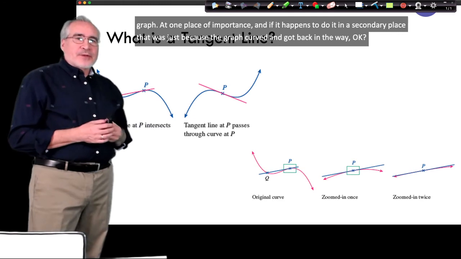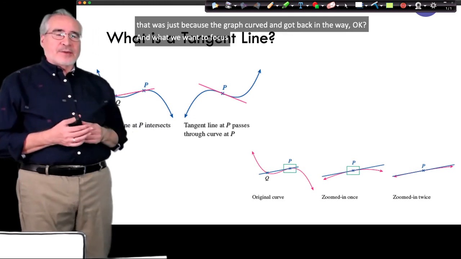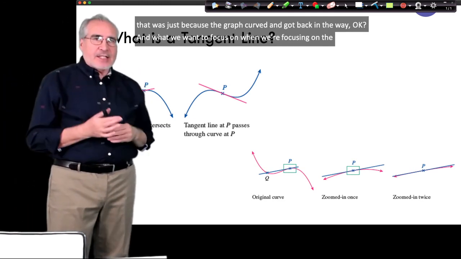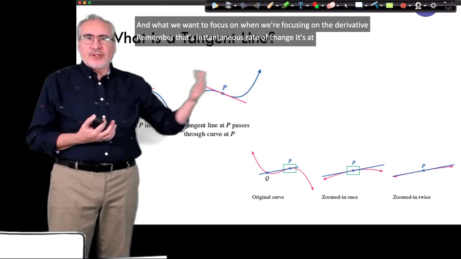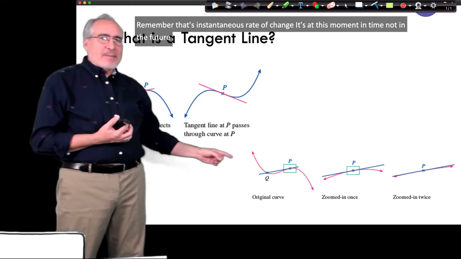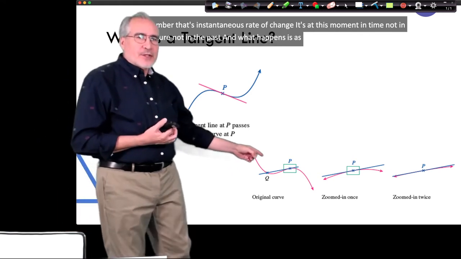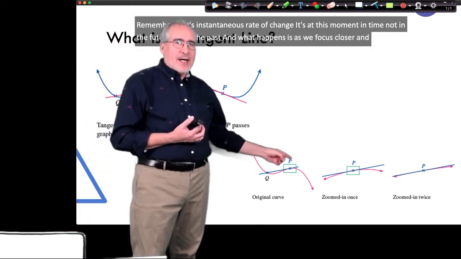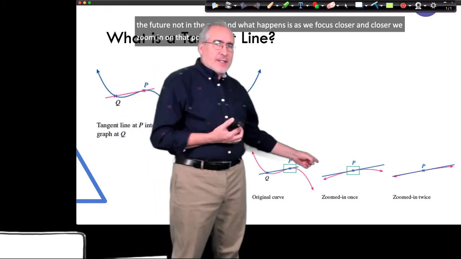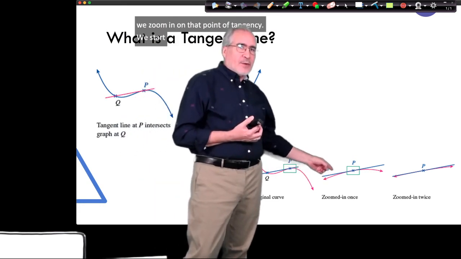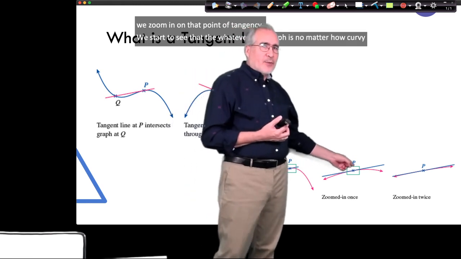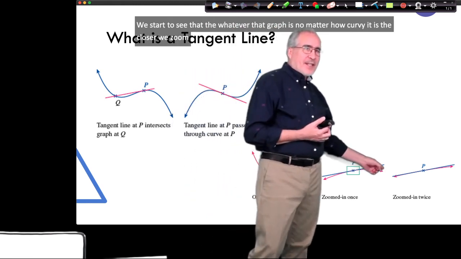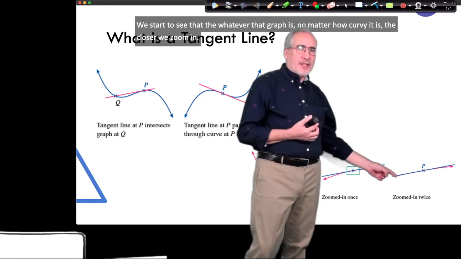And what we want to focus on when we're focusing on the derivative, remember that's instantaneous rate of change. It's at this moment in time, not in the future, not in the past. And what happens is as we focus closer and closer, we zoom in on that point of tangency, we start to see that whatever that graph is, no matter how curvy it is, the closer we zoom in, the straighter it starts to appear.